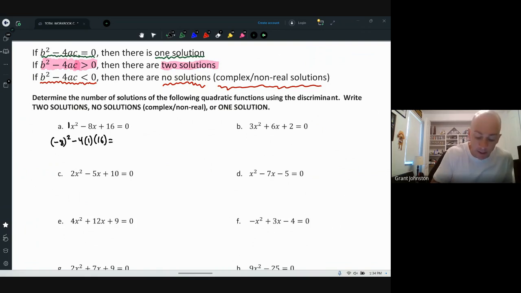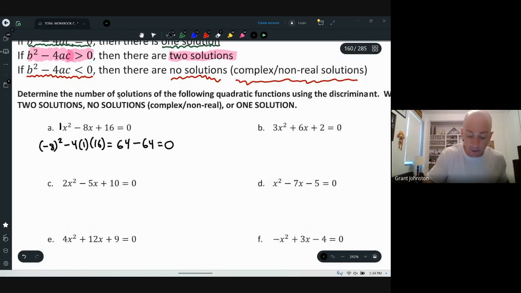We're going to evaluate that. -8 squared is positive 64. And I basically have a -4 times 1 times 16, that would be minus 64 there. And 64 minus 64 is 0.